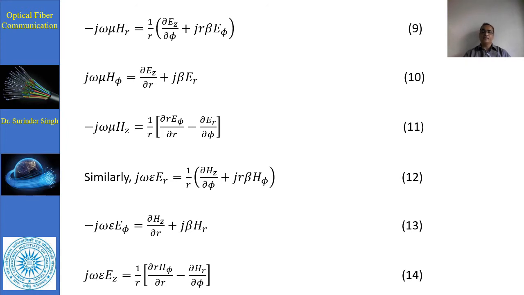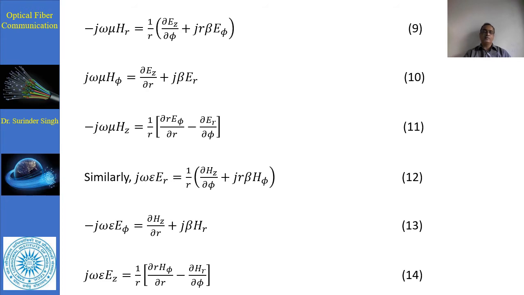Similarly, on the right hand side, we take del cross H and the corresponding vector r, phi, z, which has to be added. By cross multiplying and putting in the value of H phi, which is the propagation of the z component, we obtain these three equations: 12, 13, and 14.